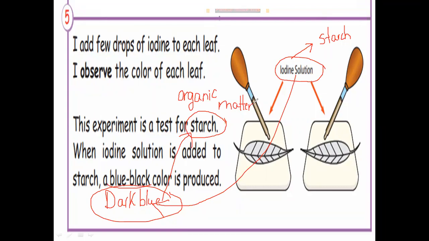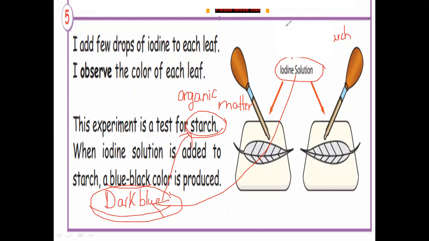The iodine test is done to identify the presence of starch. If it gives dark blue, it means that we have starch. So if we have starch, the plant is producing organic matter, so it's undergoing photosynthesis.